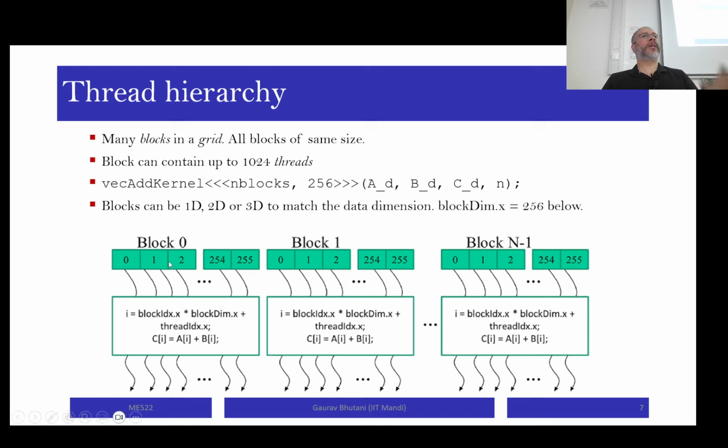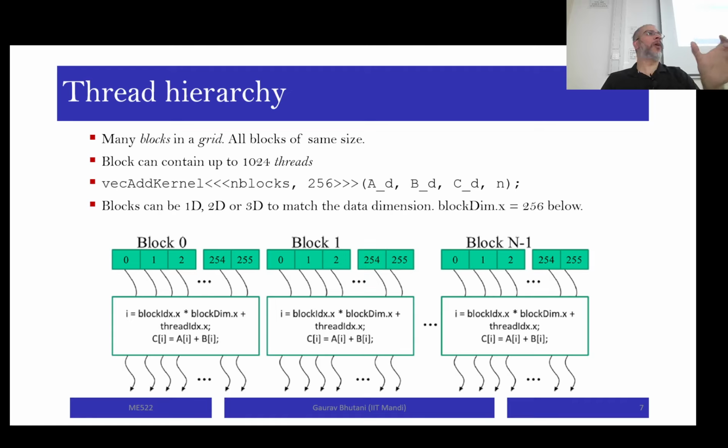Once you write a kernel function which is going to run on each and every core of a GPU, you have to specify with that function the number of blocks you want to launch and the number of threads per block that you want to launch. So, that is your choice. For example, in this case I have written this statement which is used to launch a kernel. It is like when you define a function and then call the function later.